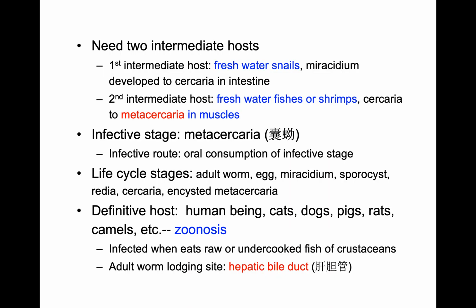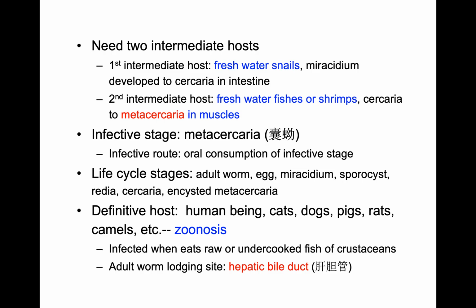So key point for the life cycle, they need 2 intermediate hosts. The first intermediate host is the freshwater snail, and inside, the Miracidium developed to Cercaria in the intestine. And then there's a second intermediate host involved, freshwater fishes or shrimps.